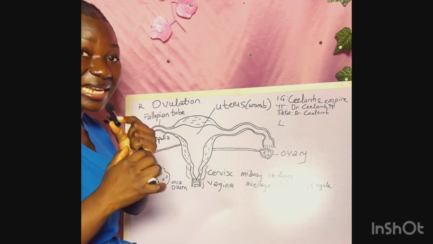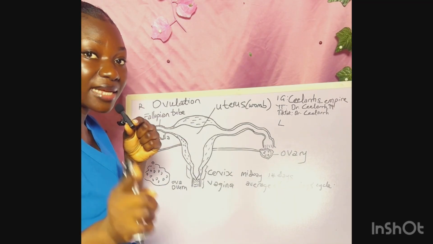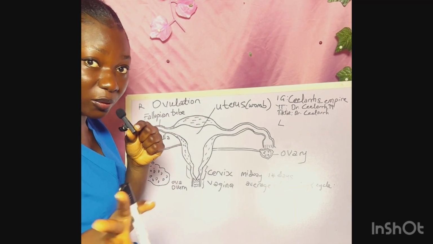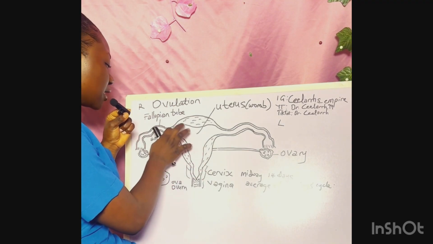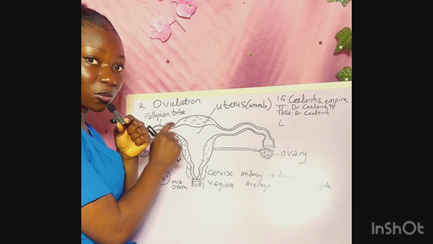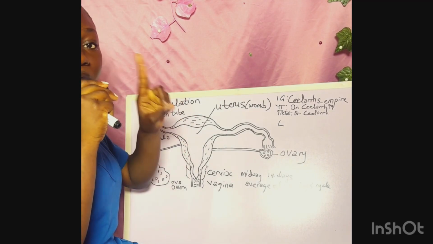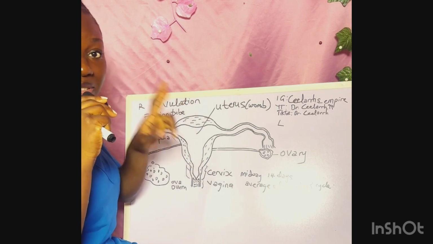That is where fertilization occurs in the fallopian tubes if the woman has sexual intercourse, which makes sperm reach that egg. Fertilization is basically the joining of that egg and the sperm to form a zygote.